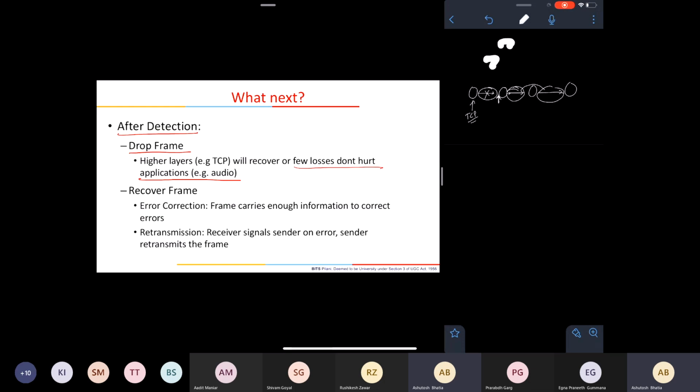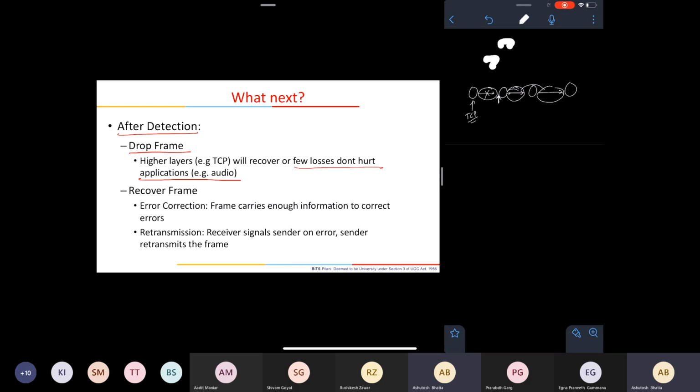For example, in case of audio, what we are talking right now, our ears are so intelligent that even if one word or one character of a word is lost, we will be able to make it out. Making it out means error correction. So for audio, you don't need complete reliability.